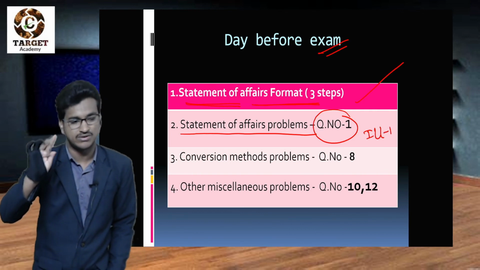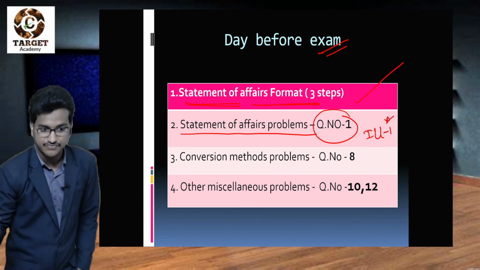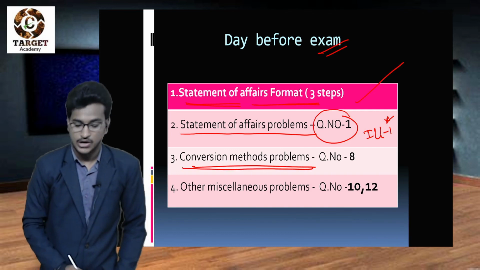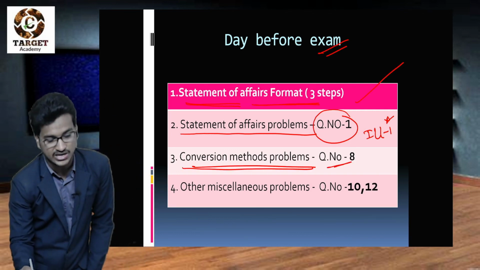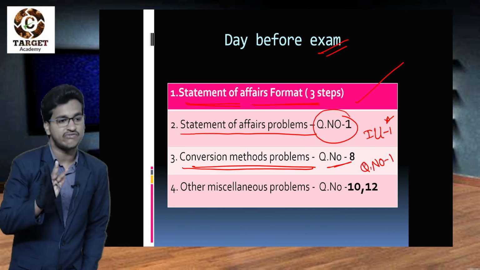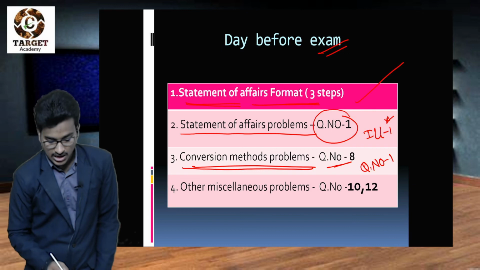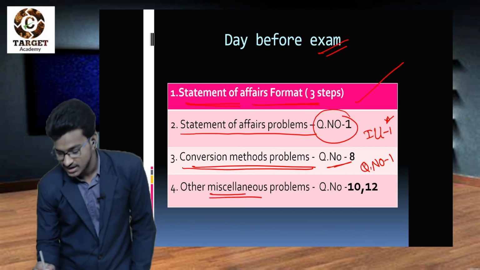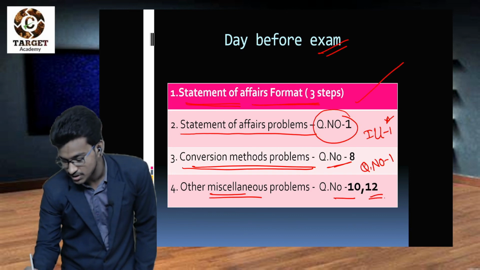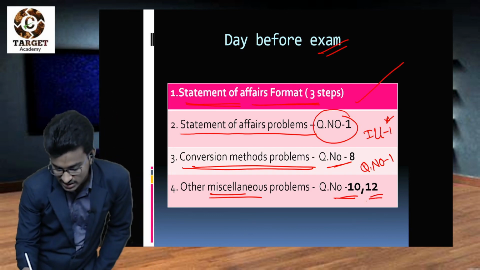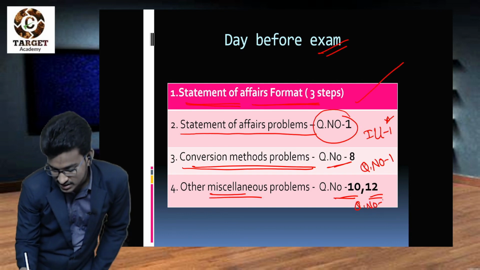This is enough for revision. Next, the conversion method, question number 8. This is enough for total problems. Last, the miscellaneous problems in your study material, question number 10 and question number 12.